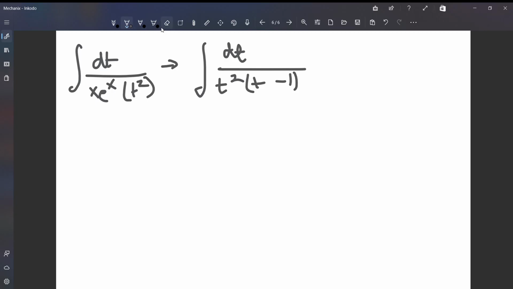Now the integral we've just obtained, let us name it as I of x.